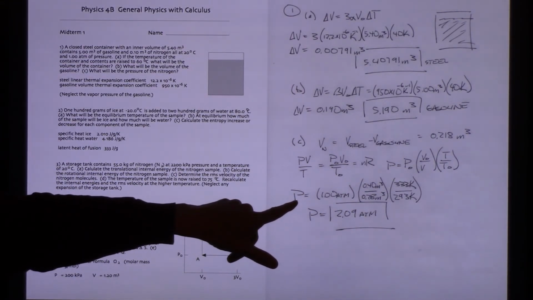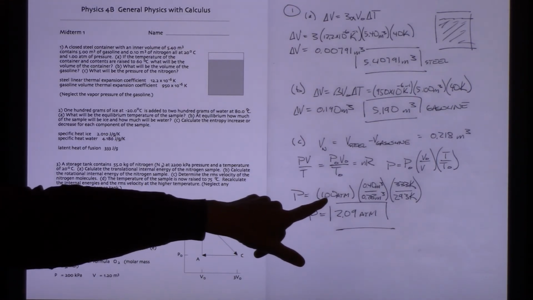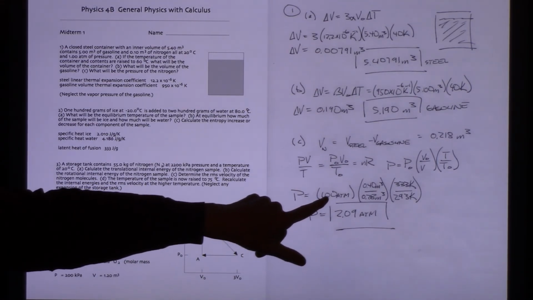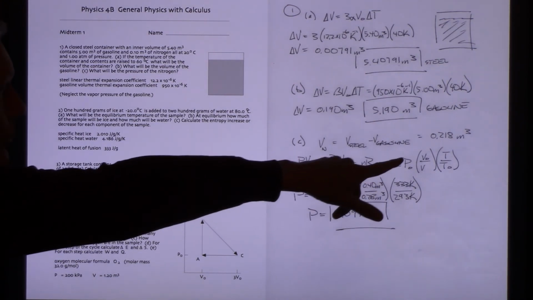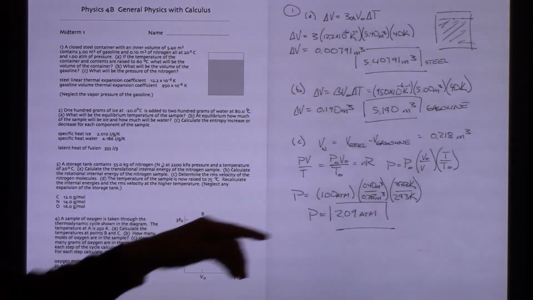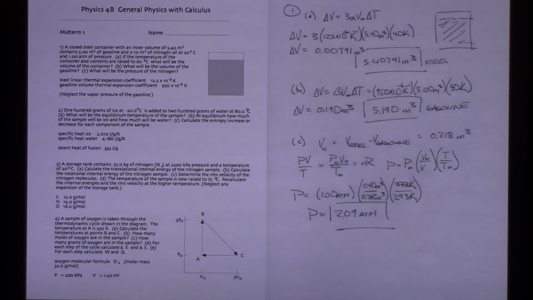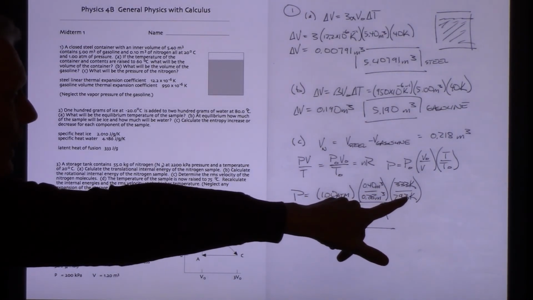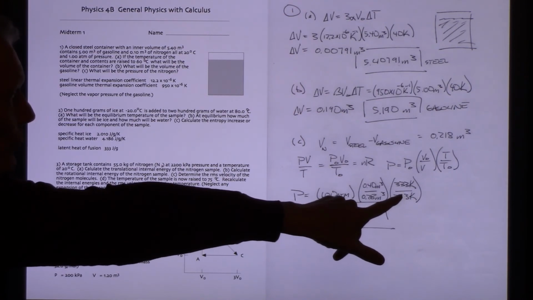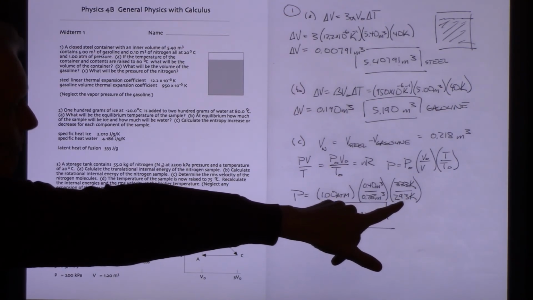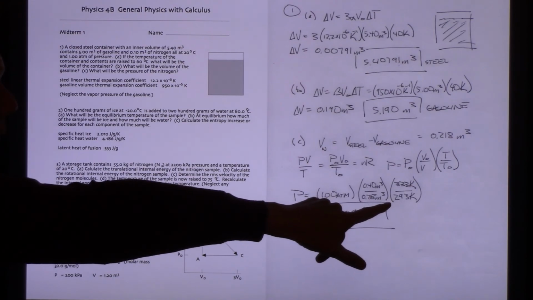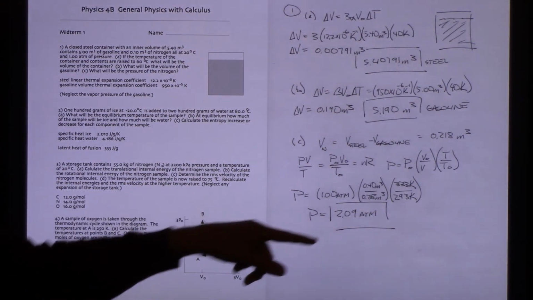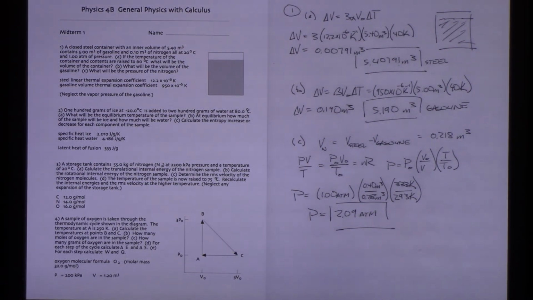So I'm going to say the pressure then is whatever the pressure started out, which was 1 atmosphere, and then I'm going to use the ratio of the volumes. Now, the reduction in volume is going to boost the pressure, and that's what this is showing. And also the temperature. There's a difference in temperature of 20% or so. And so overall, the effect is to increase the pressure on the nitrogen.